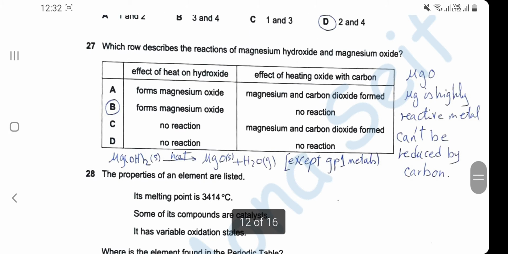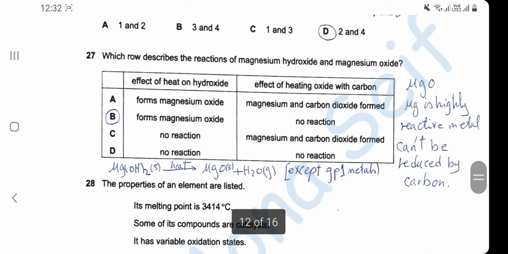Which row describes the reaction of magnesium hydroxide and magnesium oxide? We have to choose a statement that is correct in both columns. So, magnesium hydroxide and magnesium oxide. Effect of heat on hydroxide, as shown here in the equation: magnesium hydroxide decomposes by heat to give magnesium oxide and water.